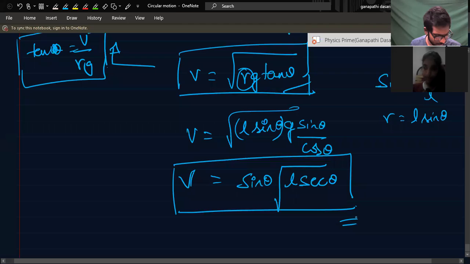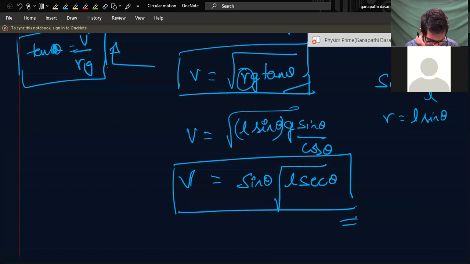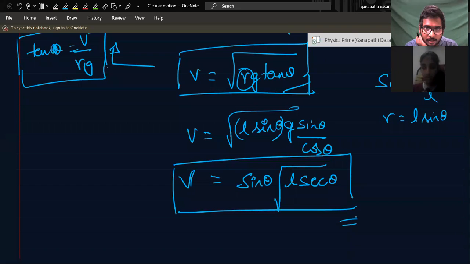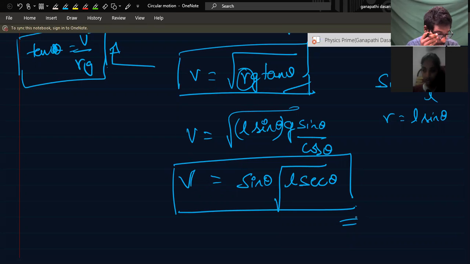Okay. If the answer is looking to be root over g L sin theta, how is it possible? I also got L g sin theta only, sir. Let me check. V equal to root r g tan theta. It is true. R is L sin theta. That's also true.